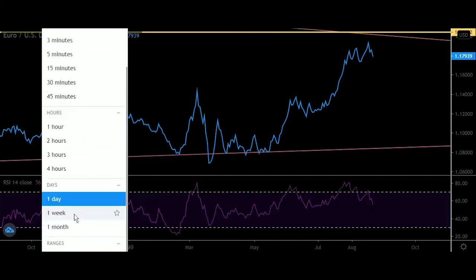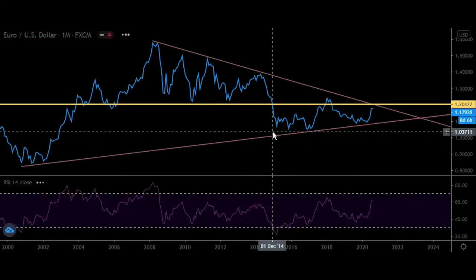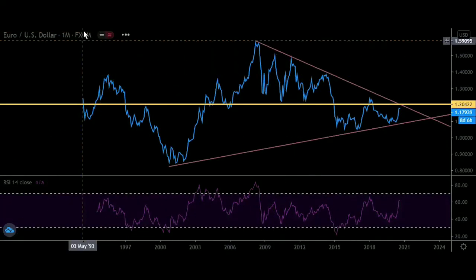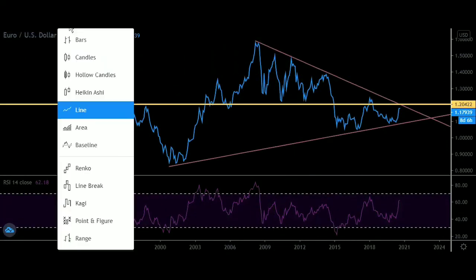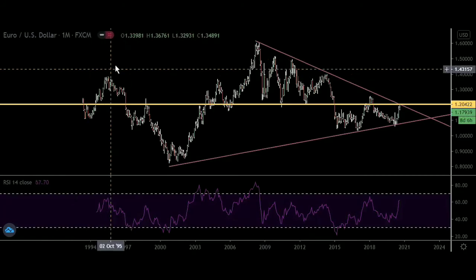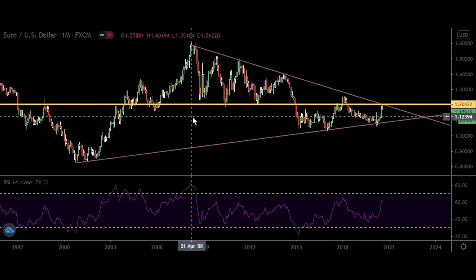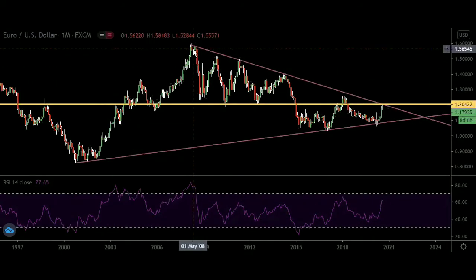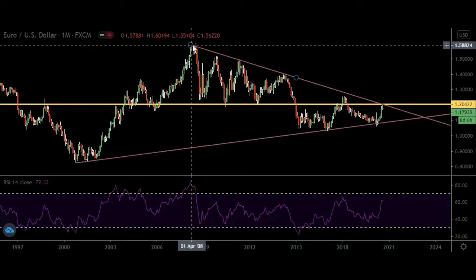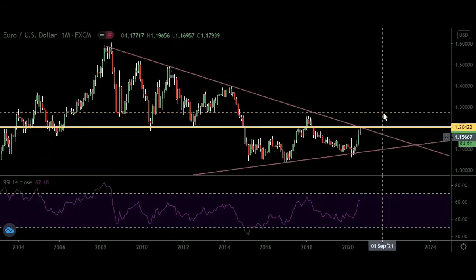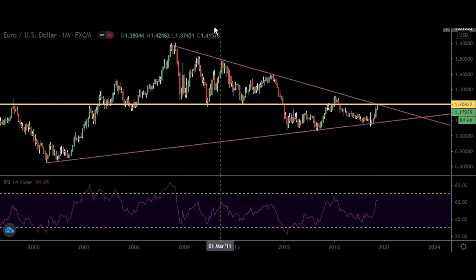So let me just change it to a candlestick chart for your better understanding. Now here also you see that it is just standing on the verge of this trend line which is downward sloping.